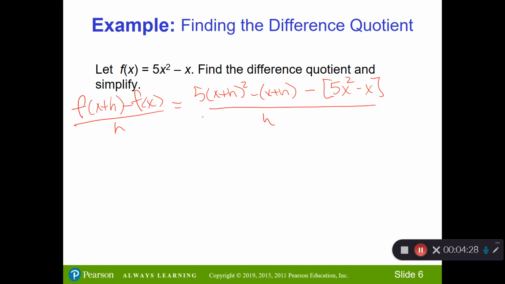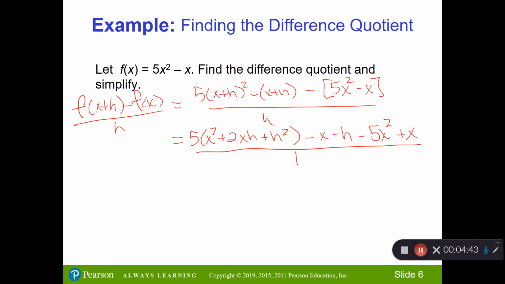We're FOILing here, so that's 5 times x squared plus 2xh plus h squared. Distribute the negative, negative x minus h. Distribute the minus, minus 5x squared plus x, all over h. Distribute the 5: 5x squared plus 10xh plus 5h squared.